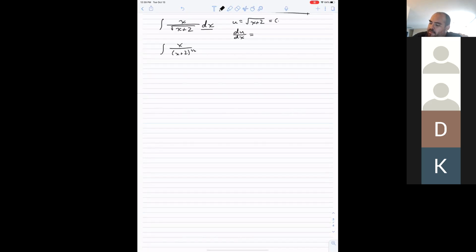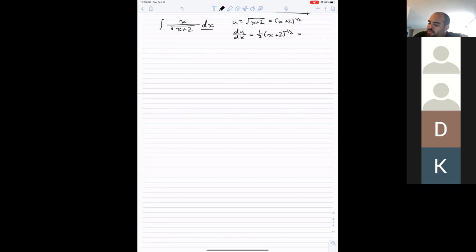Then I would do 1/2 times x plus 2 to the -1/2. Yeah, you do need to worry about the chain rule, but the derivative of the inside is going to be 1.